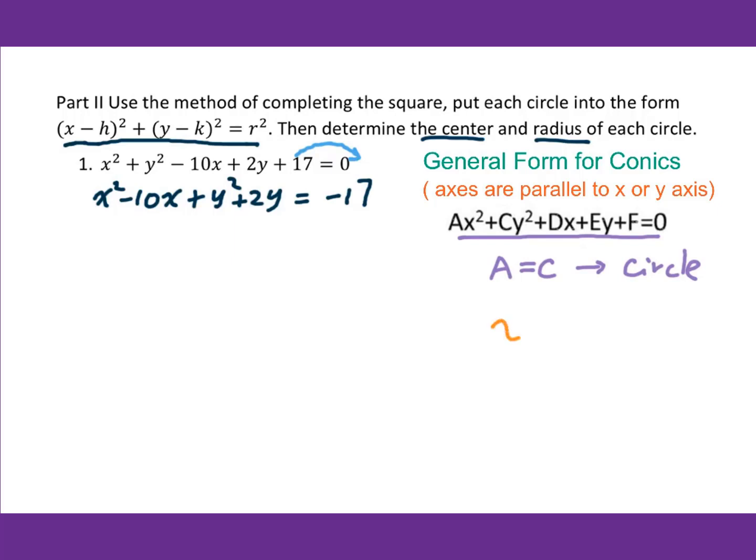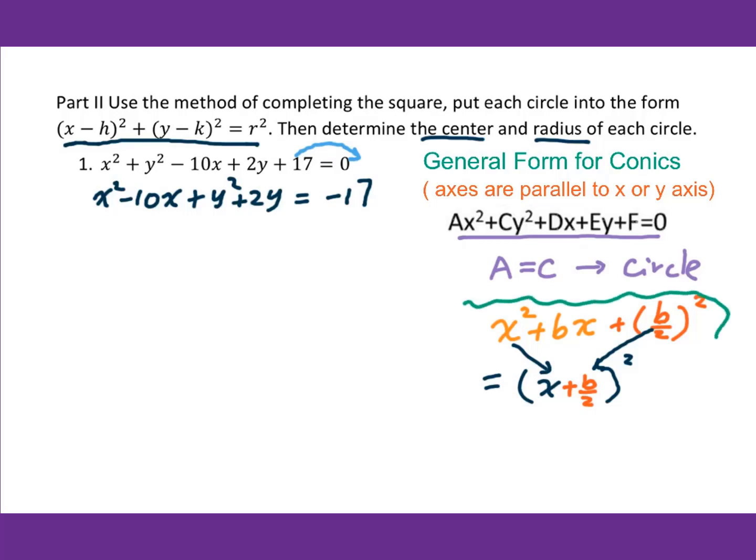Remember that for x squared plus bx, you need to add (b over 2) squared so that you can form a perfect square. That's how you remember the completing the square.